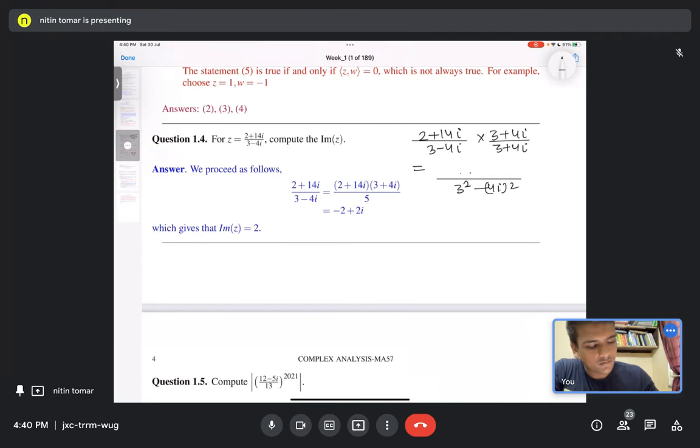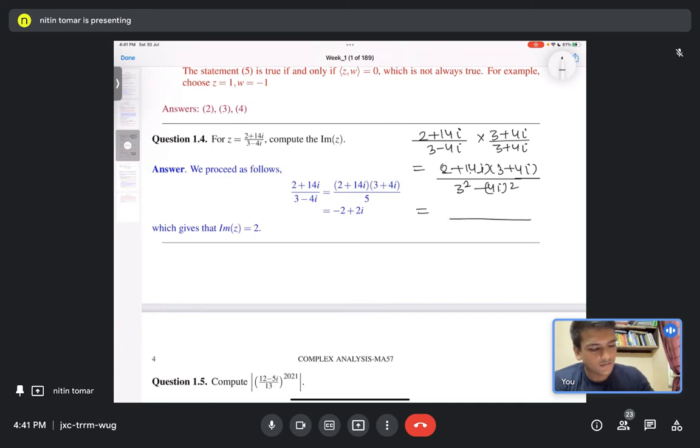So you compute all these things, 14 iota. Can you compute these things? Or should I do the calculations? I mean, this is just complex multiplication, right?